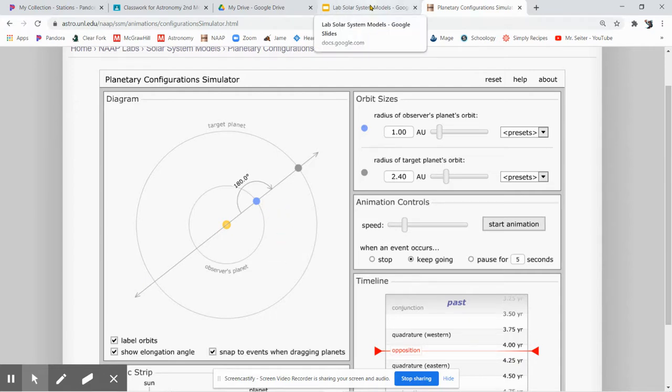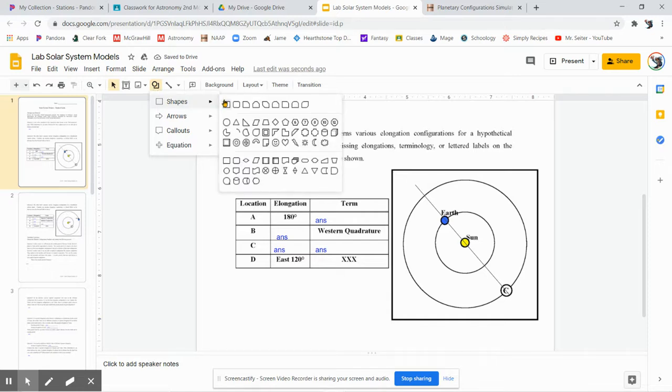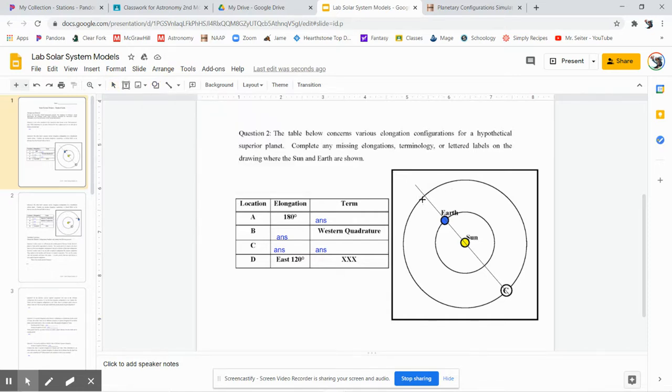And so now what we need to do is put A over here. So let's put a little circle in there. Let's see if we can do this. A little circle for our planet. Just do the best you can.